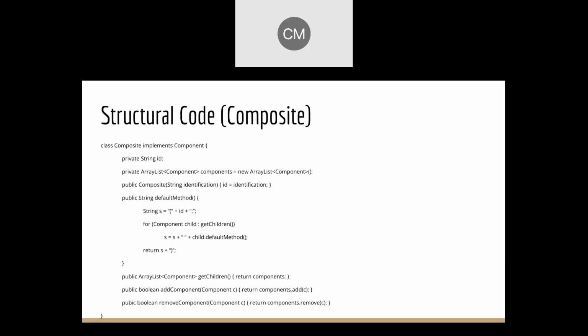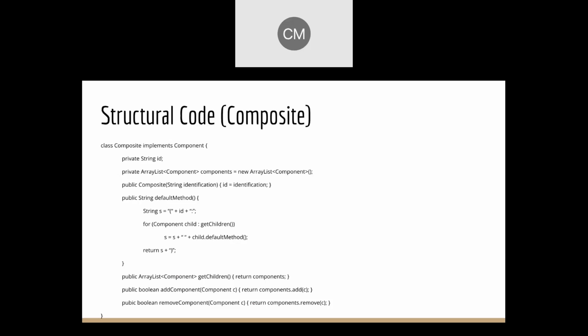So how that works is we are going to navigate through each of the children, and we're going to get its children, and we're going to call the default method on those, which will also, if they have another smaller box or smaller composite, access its children as well and return it. So we're basically navigating, or recursing, through the whole tree, or traversing the whole tree and returning all the IDs.